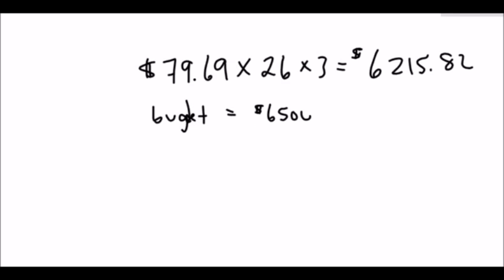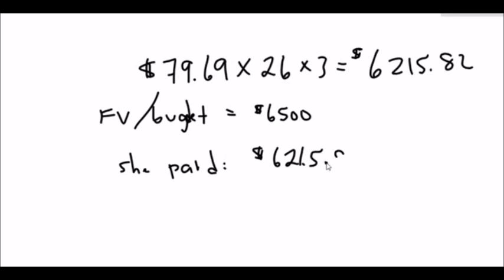So her budget, the amount that she wanted, was 6,500. So if she wanted 6,500, that's the future value, then she actually ended up depositing $6,215.82. Kind of looks like there's a weird extra decimal place. Let's just pretend it doesn't exist.